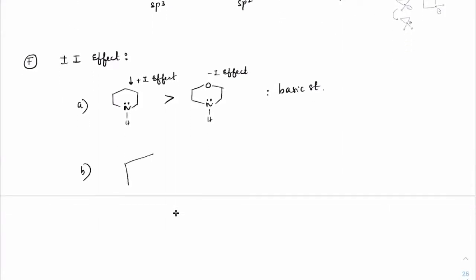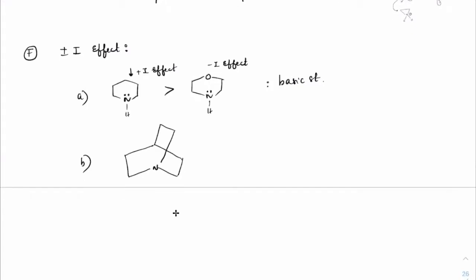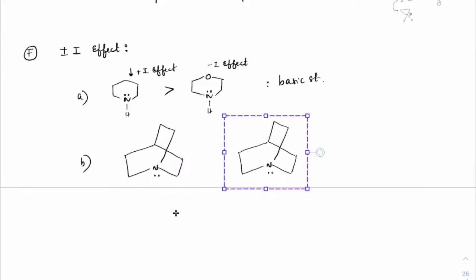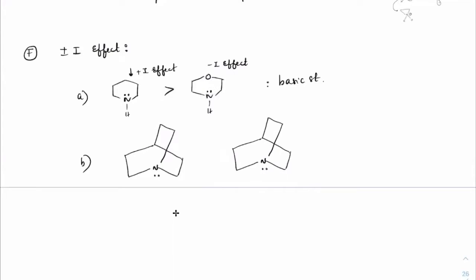Similar case here also. Suppose if you have N, right? And this is how it is connected with a lone pair here, and same compound, but backside, you know, if you see backside here, there is also N, right?